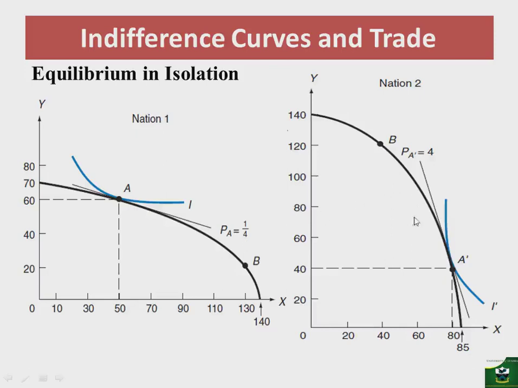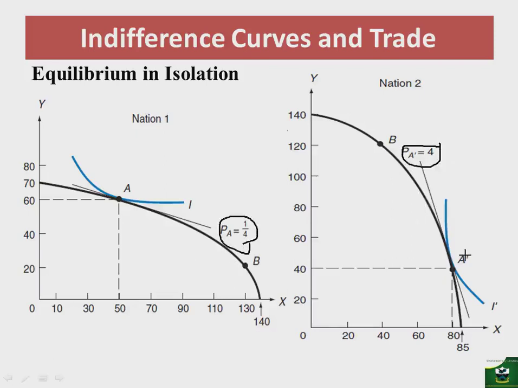If we move to nation 2, we see that nation 2 is in equilibrium at A prime when it's in autarky. And at this point, the slope of the indifference curve as well as the PPF at that point is 4, which is simply the reciprocal of nation 1's terms of trade. Therefore, from these two, we see that nation 1 has a comparative advantage in the production of X because the relative commodity price, the autarky terms of trade, is smaller compared to that of nation 2.